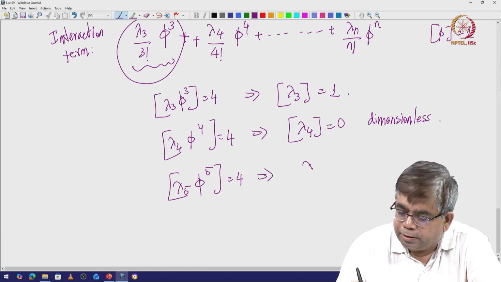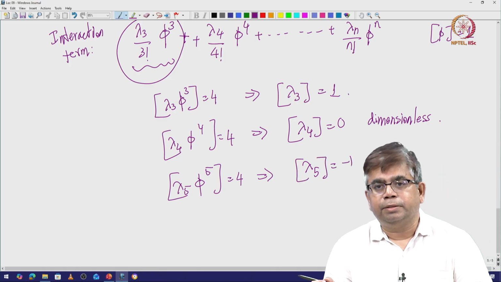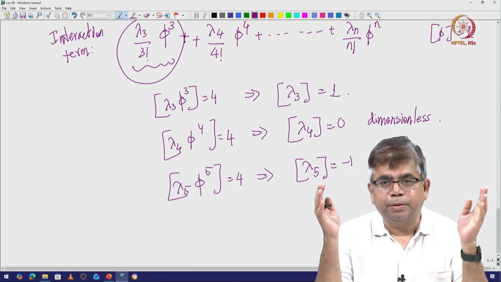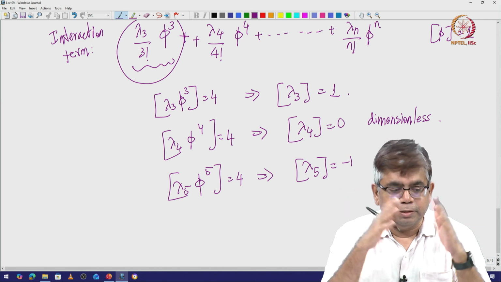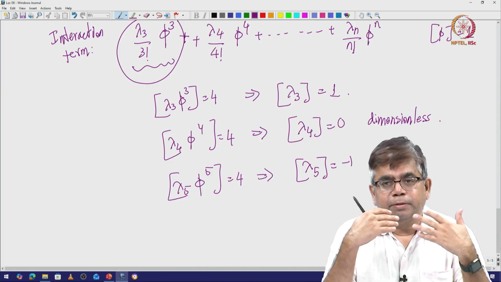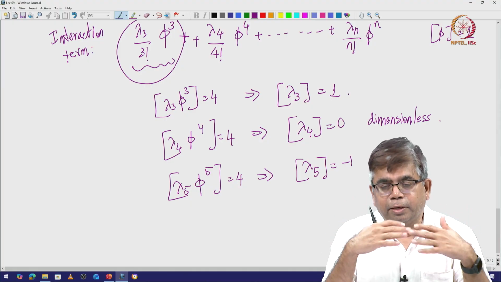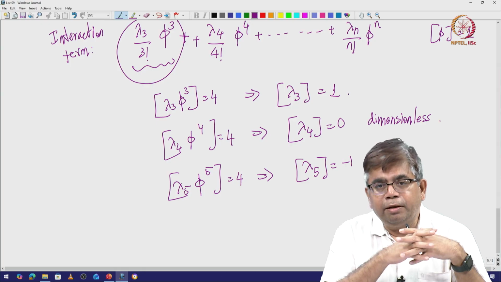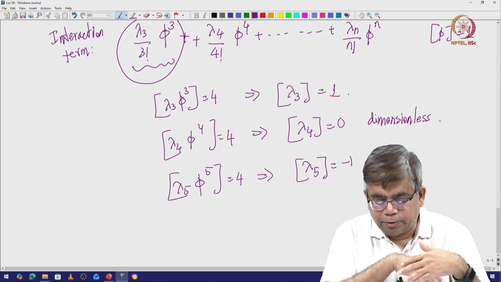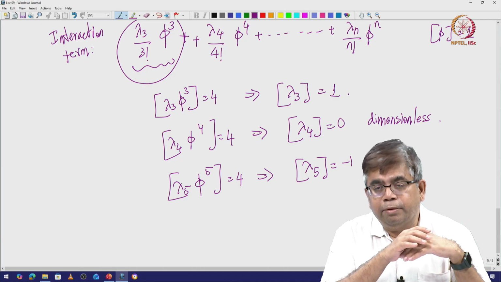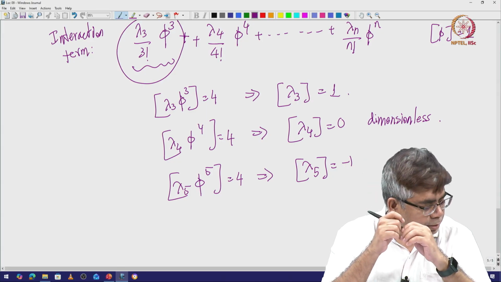This implies lambda 5 has negative mass dimension, negative energy dimension, because at the end of the day what we are trying to do is build a scattering theory. Scattering always depends upon the energy of the process at hand. So lambda 5 has negative mass dimension such that the total dimension of the term is 4.